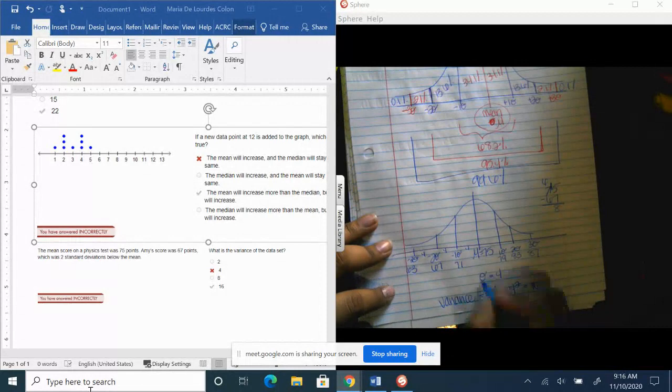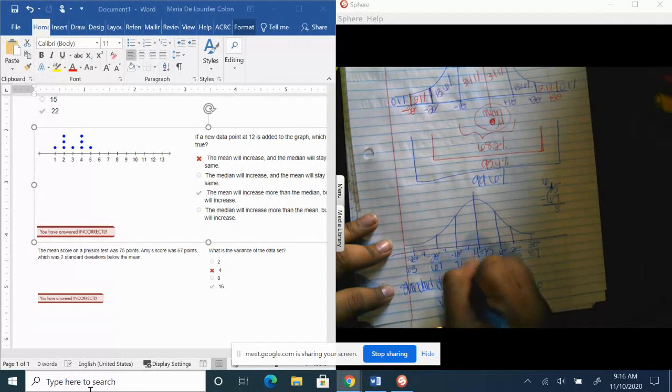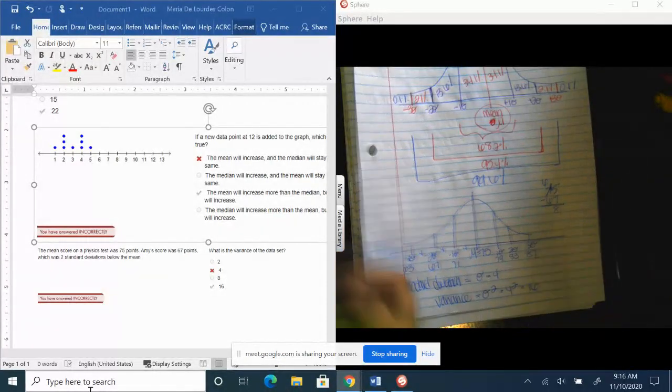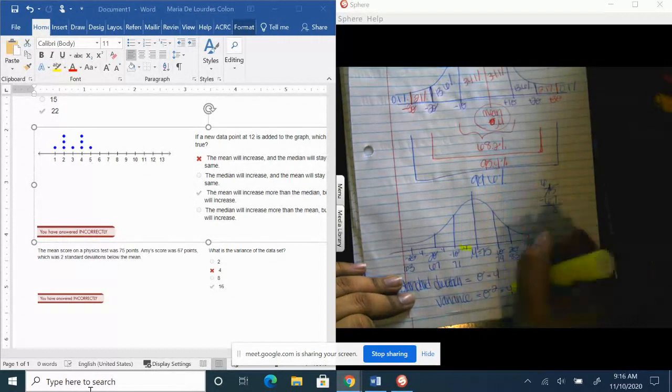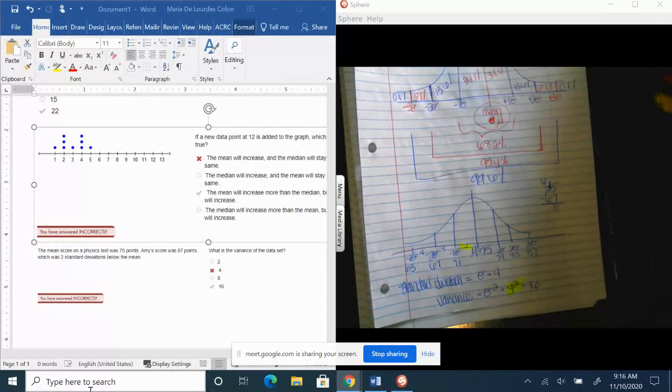First, you need to find your standard deviation. And in this case, it's equal to 4. So how far apart is one standard deviation from the mean? Then you take that number and you square it. So that's how we get that 16. Okay.